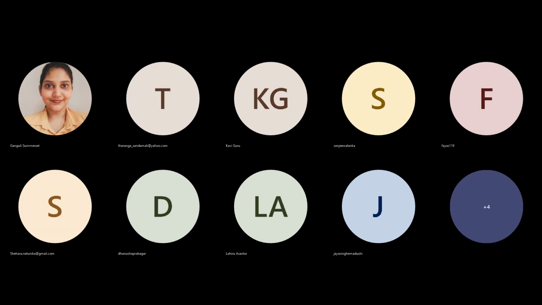But as Taranga mentioned, when going into a partnership, you will have to sign a document. When going into an organizational partnership, you will have to sign a certain kind of document. It can be an agreement, it can be a contract, it can be a paper with terms and conditions.